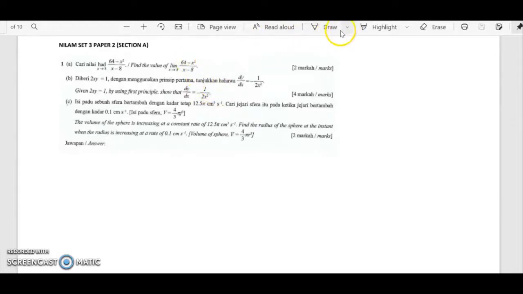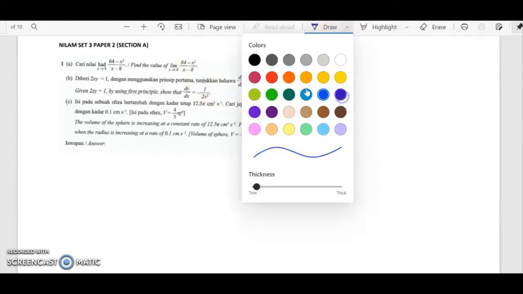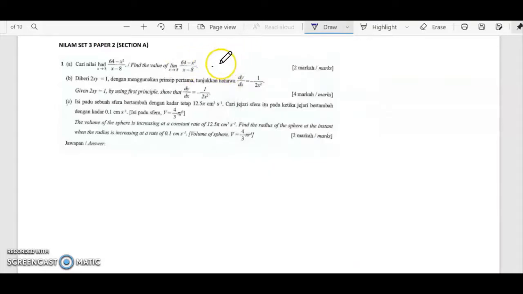So dekat sini dalam maths, bila dia approach kepada value 8, kita assume that this value of x is equal to 8. Jadi dekat sini kita akan masukkan x equal to 8 into variable x.